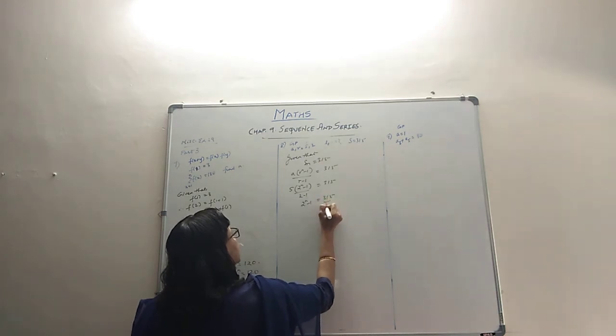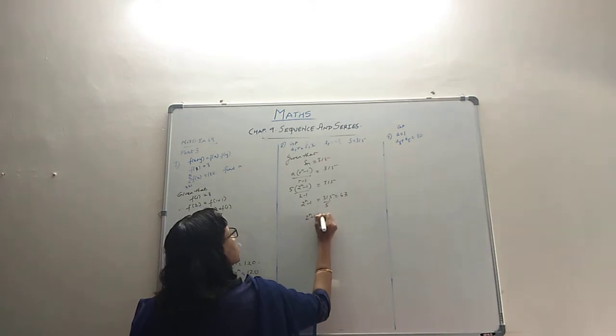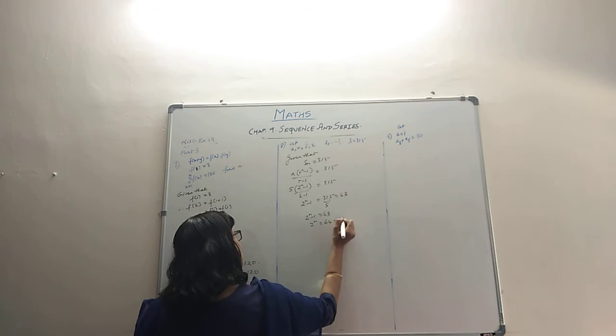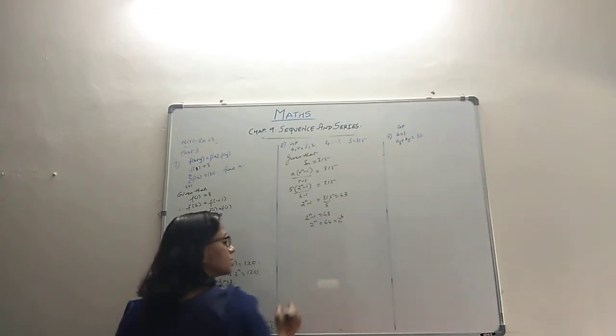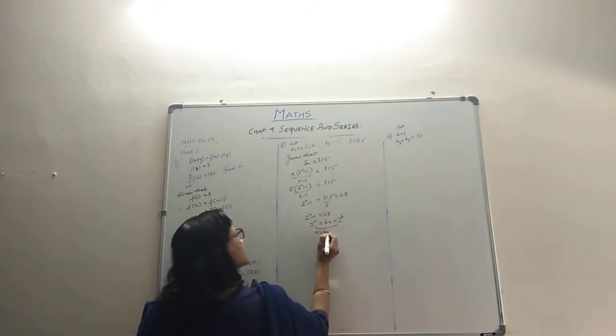So it is 63. So 2 raised to n minus 1 is 63. The 1 can go on the other side, becomes plus 64, which is actually 2 raised to 6. Bases are same, if you compare the exponents, n becomes 6.